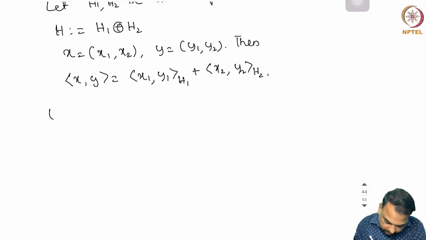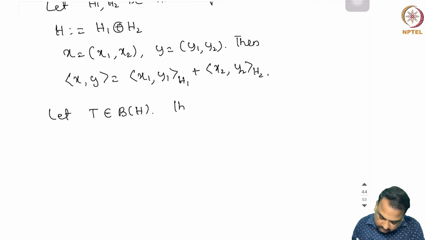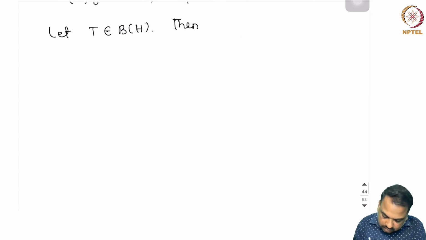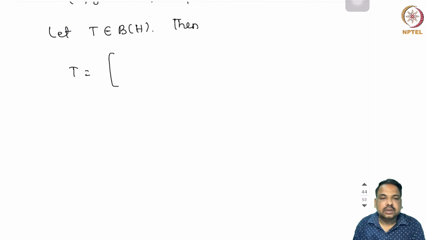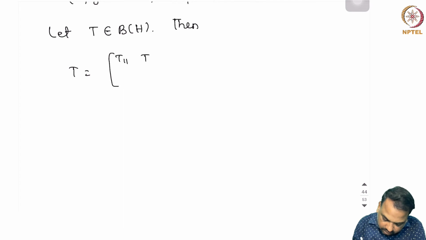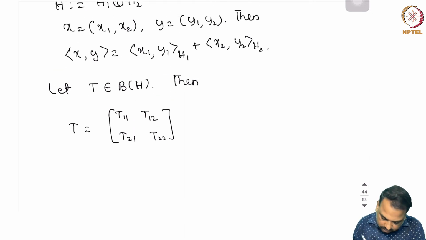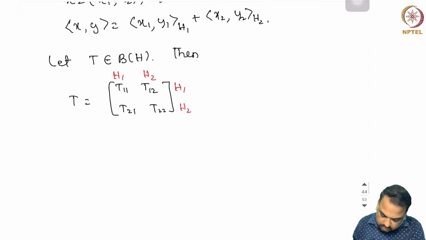Now let us look at a bounded operator defined on H. Then we can write T as a matrix whose entries are operators T11, T12, T21, T22, with rows and columns indexed by H1, H2.